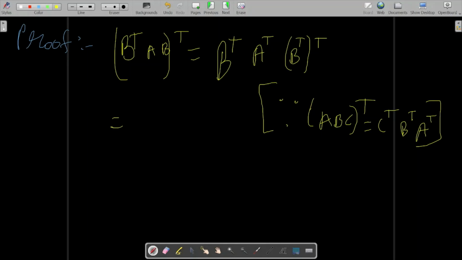Then in the second step, the transpose of B transpose is the original matrix, so B will be original.